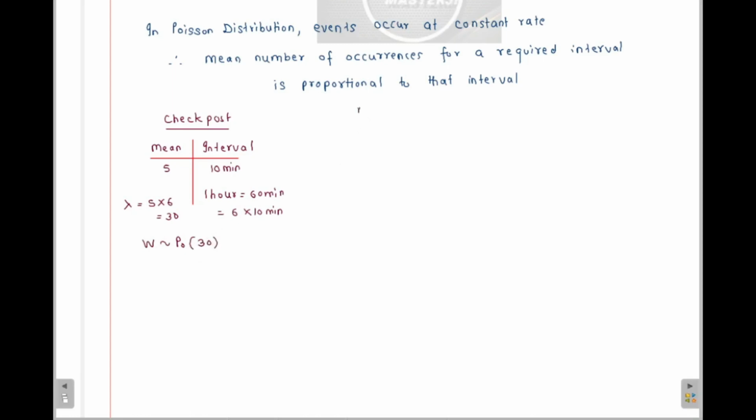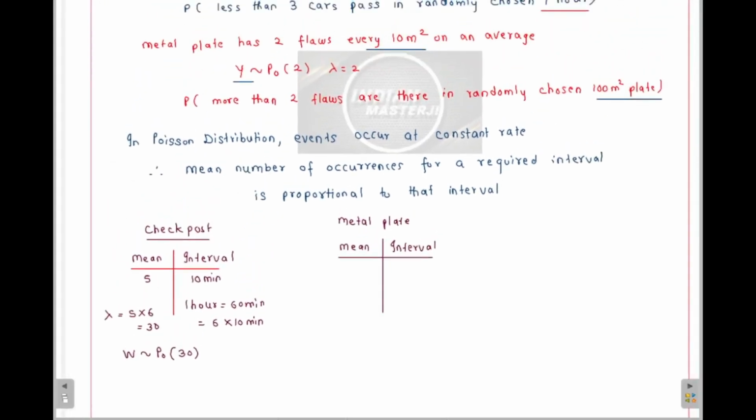Similarly for the metal plate, let's quickly make a table. They had given a mean and some interval initially: for every 10 meter square space, there were 2 flaws on an average, but they are asking for 100 meter square.